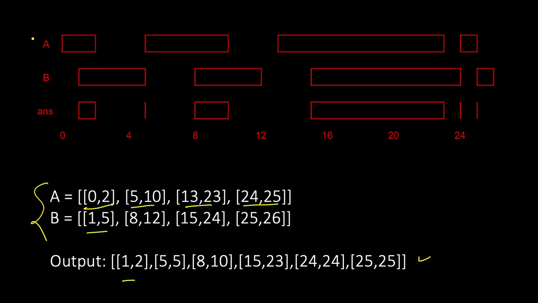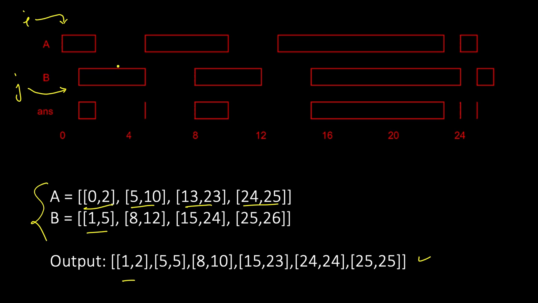First, we will start two loops, where I will denote the position that we are in A, and J can denote at what index we are in B. So we will iterate over all these intervals in A and B, and we will try to find the overlap.